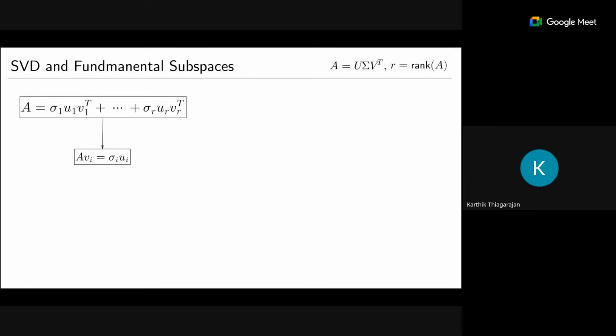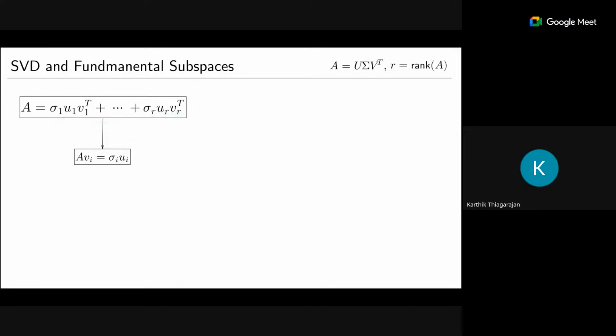These are not eigenvalues but singular values, and not eigenvectors but singular vectors. So this equation is not totally new; you can think of it as an extension of the eigenvalue, eigenvector idea. Likewise, for A transpose, can you express A transpose using a sum like this?